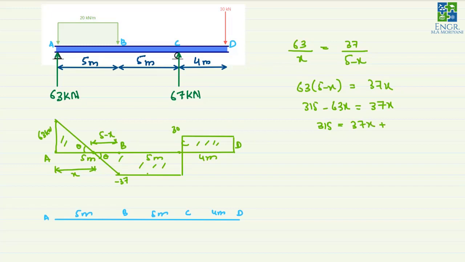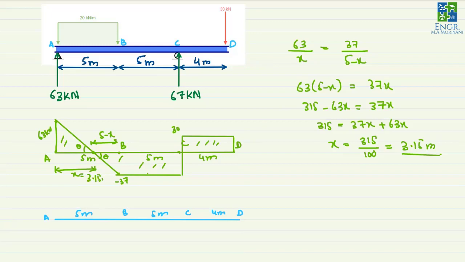This will be 315 equals 37x plus 63x, so 63 plus 37, which is 100. So the value of x will be 315 divided by 100, which is 3.15 meters. All right, so we got the value of x, which is 3.15.